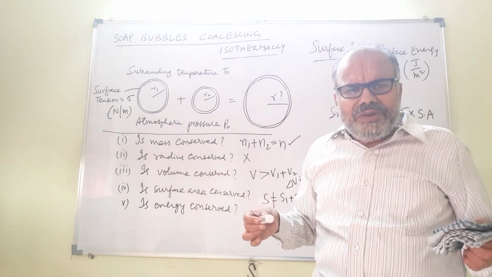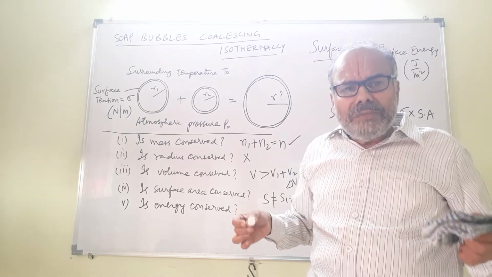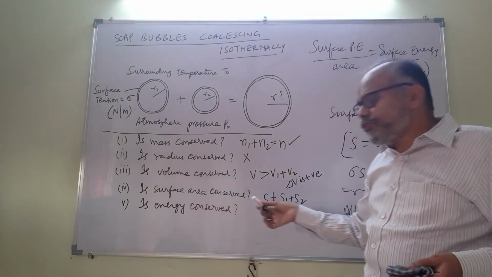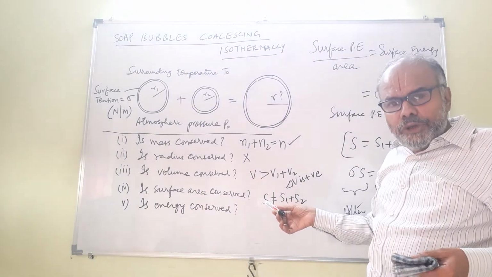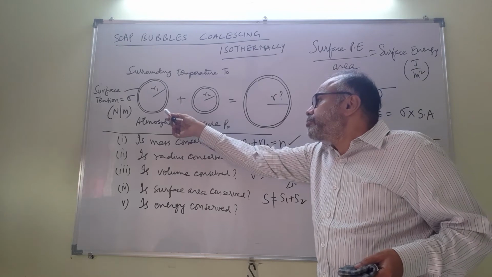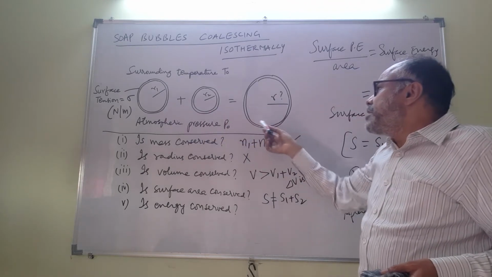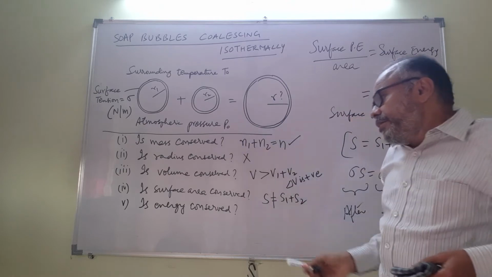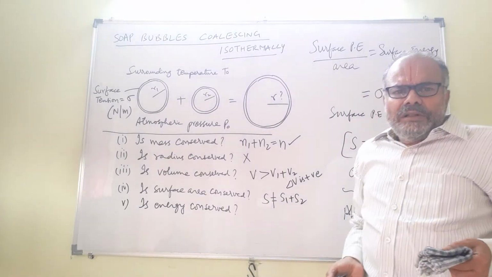So we say systems try to minimize their potential energy. Similarly, surface potential energy also tries to get minimized, and that is possible only when the surface area decreases. So we will find that in fact the surface area will decrease.